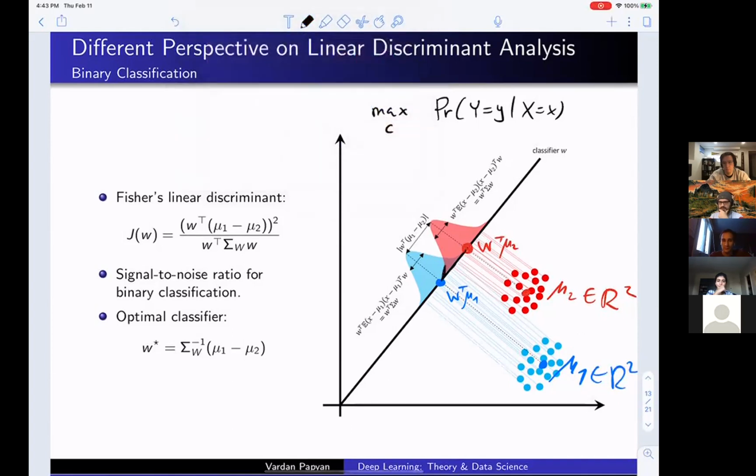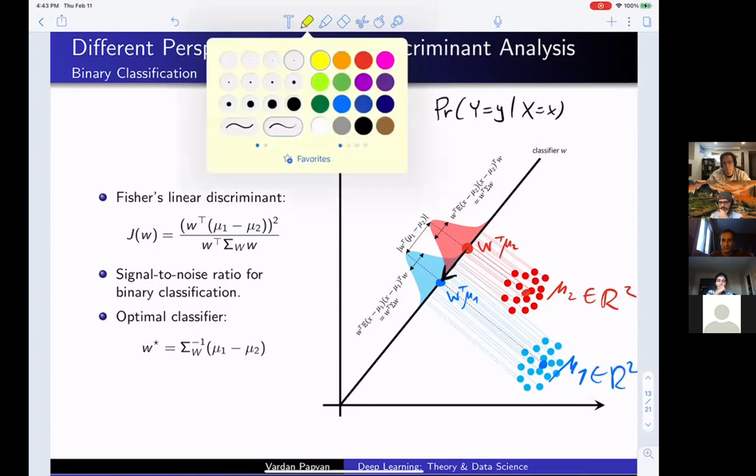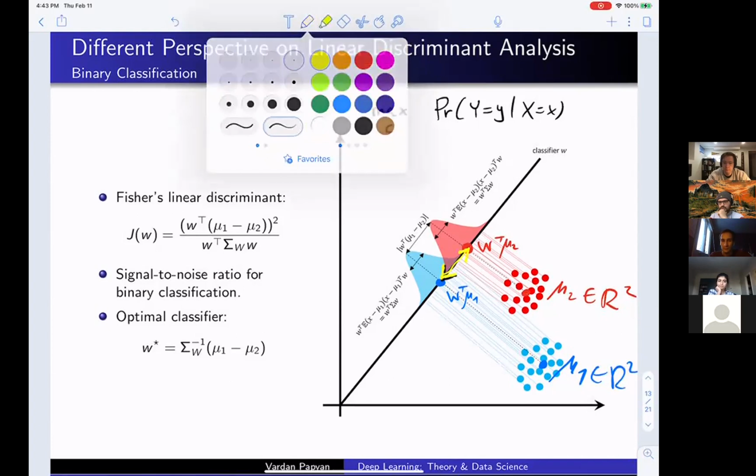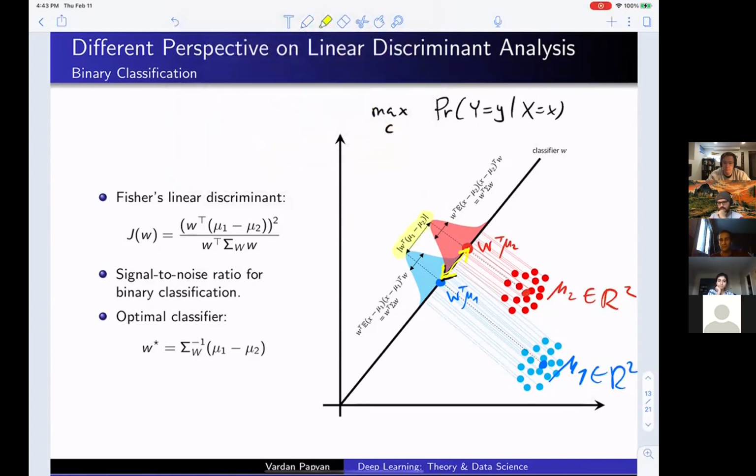What is this vector here? Maybe I should use a brighter color. This vector is simply equal to W transpose (mu1 minus mu2). So this is one fundamental quantity because it measures the distance between the classes after they're projected onto a line. Don't you feel like this is a fundamental quantity?